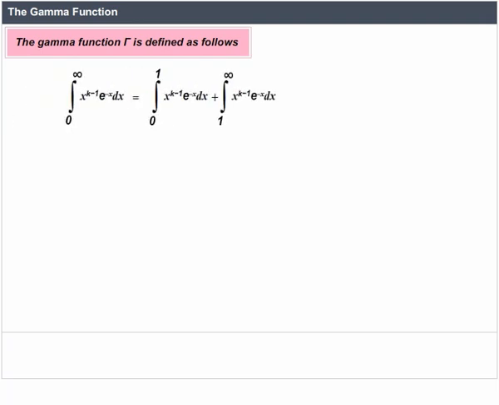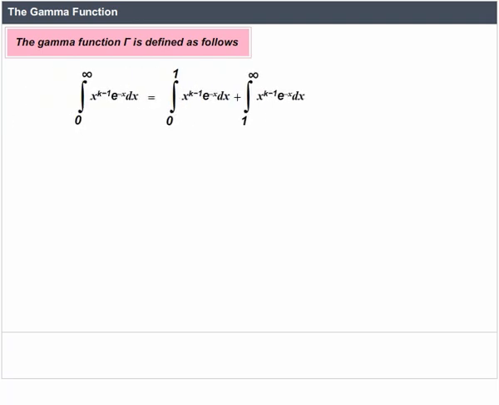Integral 0 to infinity x power k minus 1 e power minus x dx equal to integral 0 to 1 x power k minus 1 e power minus x dx plus integral 1 to infinity x power k minus 1 e power minus x dx. For the first integral, integral 0 to 1 x power k minus 1 e power minus x dx is less than or equal to integral 0 to 1 x power k minus 1 dx equal to 1 by k.